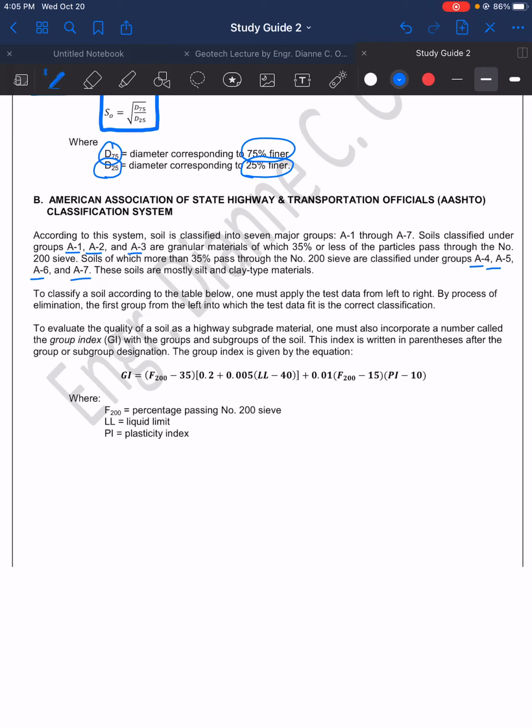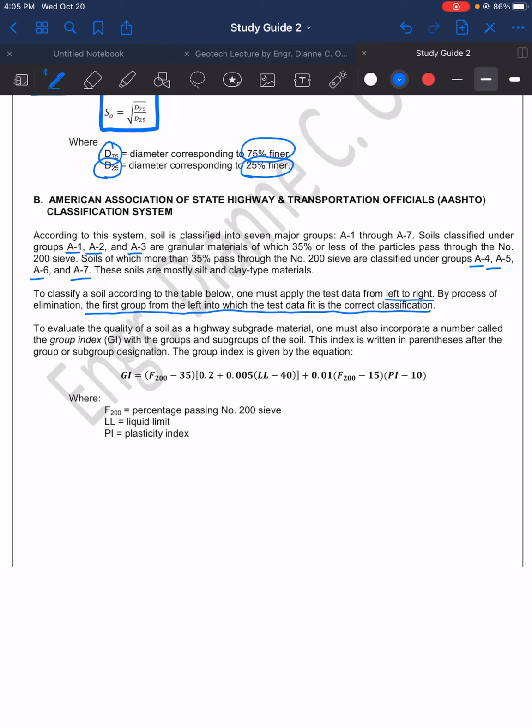To classify a soil according to the table below, one must apply the test data from left to right. Same is true with the USCS. We apply it from left to right. By process of elimination, the first group, so take note of this, the first group from the left into which the test data fit is the correct classification.